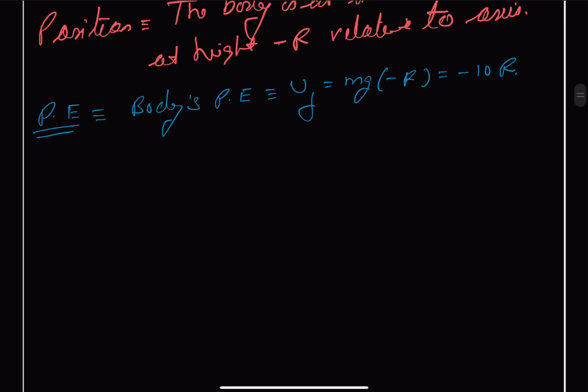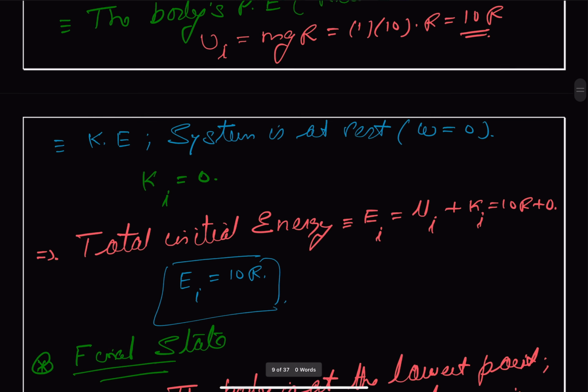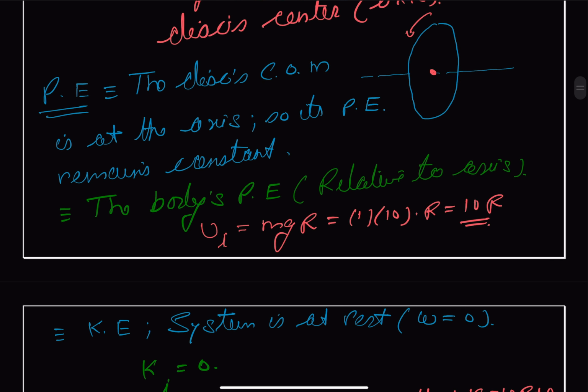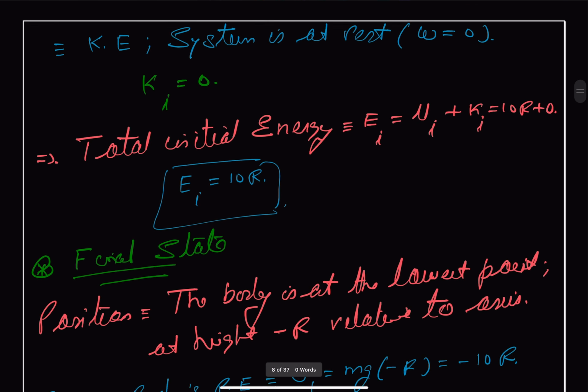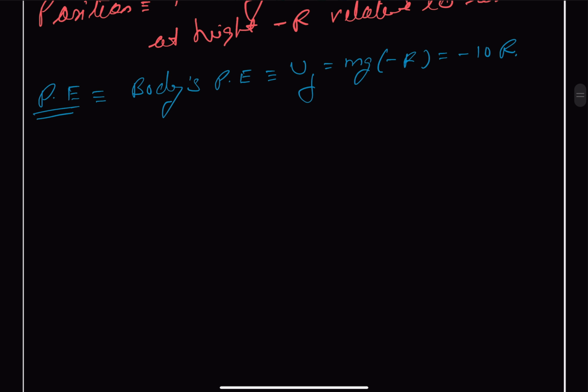And now we come to the kinetic energy, and in this case also, like I said, the potential energy is going to remain constant for the disk, because it is with respect to the axis. So we are mainly interested now in kinetic energy.